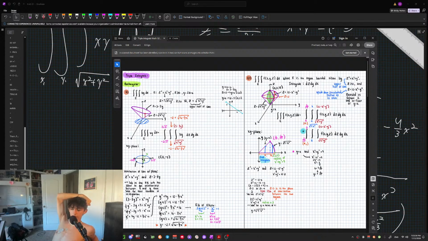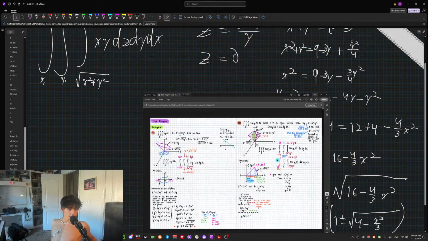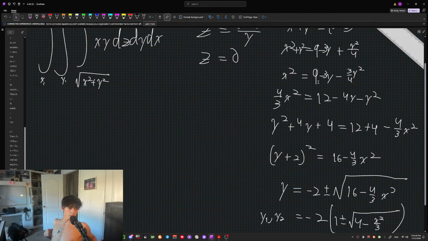Like that part doesn't make sense to me. Okay. This isn't making sense, but we have an equation relating x and y.